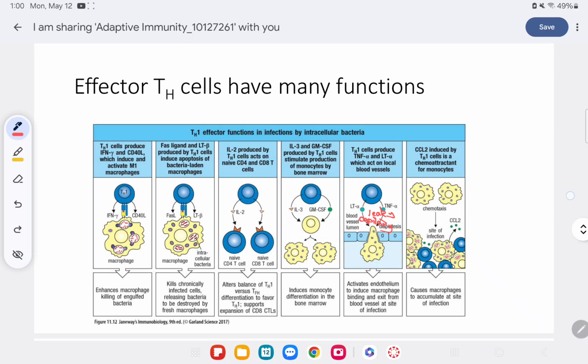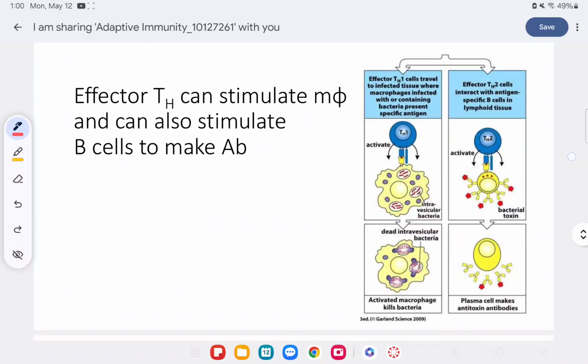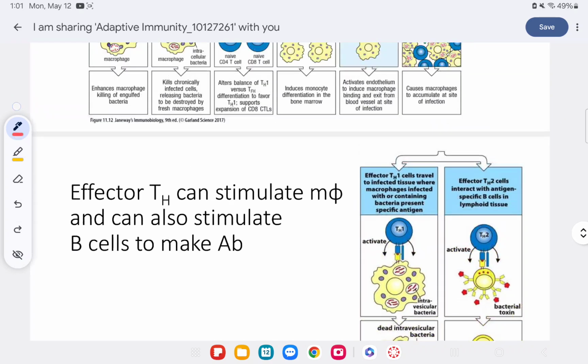It also, and this is the last one I just cut and pasted over here, so this picture is over there, but it's going to have the B cells start dividing faster to become a plasma cell, which makes and secretes antibody. So that's a lot of stuff that it's doing. Just familiarize yourself with this list of all the things that it does.